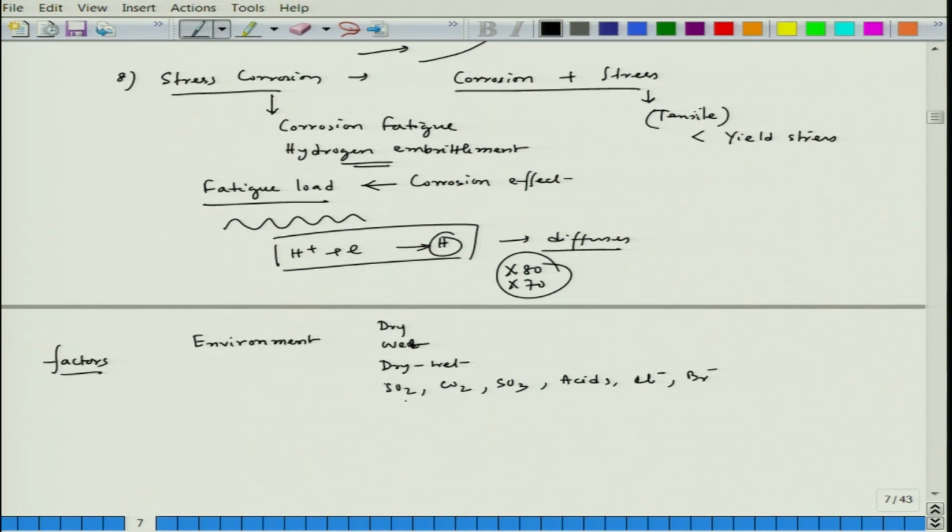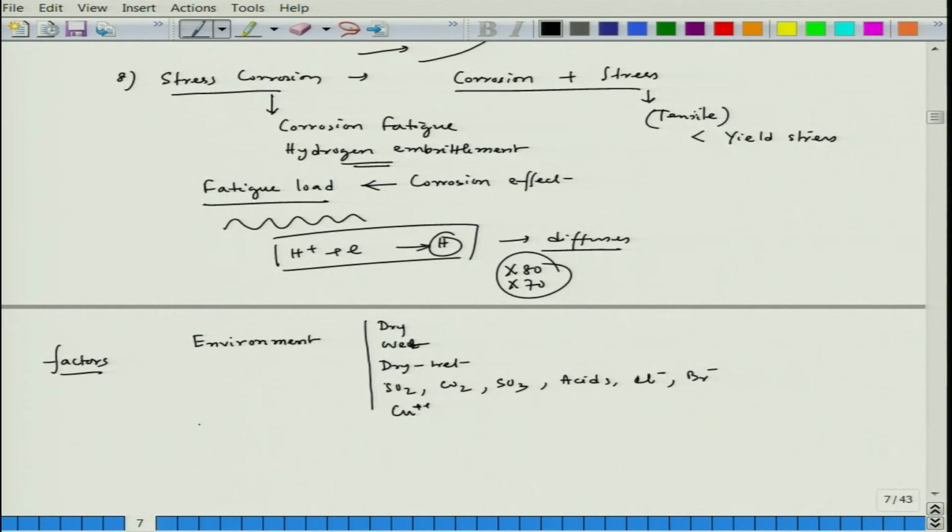There would be the possibility of deleterious metallic ions, for example, copper plus plus. If copper plus plus stays with potable water and you are carrying that potable water through a metallic steel pipeline, there is a possibility of leakage. We will discuss why that leakage happens. So, those are the different environments you can come across.